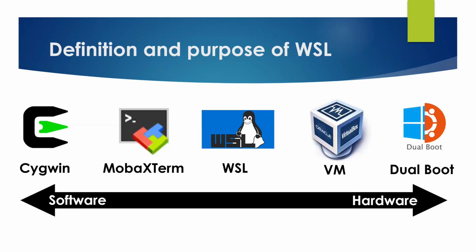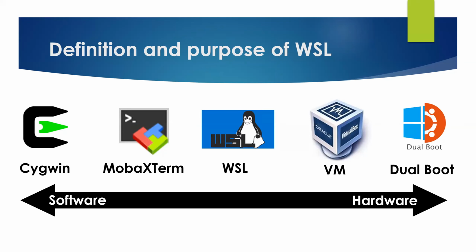The purpose of WSL, Windows Subsystem for Linux, is to bridge the gap between Windows and Linux environments, enabling developers, sysadmins, and end users, and so on, to leverage the power of both operating systems simultaneously.